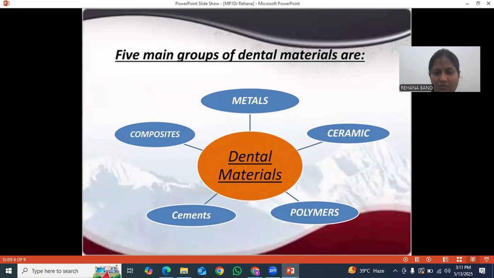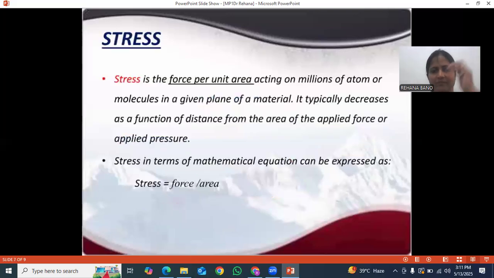When metals are used, that could be in a metal framework or in crown form. If we are using a ceramic, that will be for the smile designing or the anterior correction of posterior crowns, and polymers that fabricate dentures, cements, provisional crowns or restorations, and composites also. Except all these five materials, there are several types of materials which we use in dentistry.